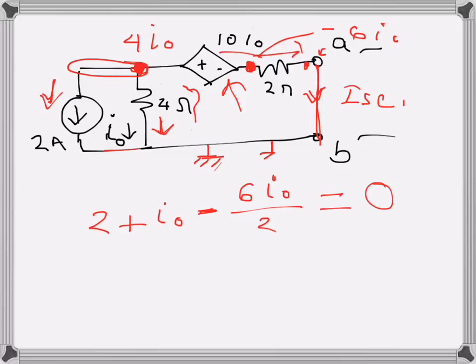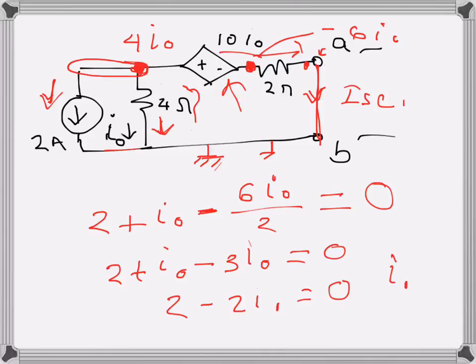So we will need to solve this one. That's 2 plus I naught and minus 3 I naught, equal to 0. So that is 2 minus 2 I naught, which gives me I naught is equal to 1. So I naught is 1 ampere.